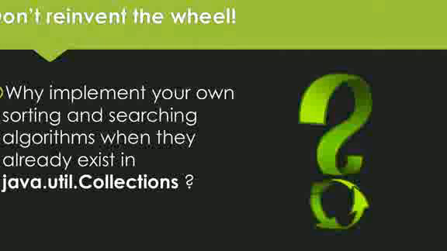You should never write code that already exists and that you know works well. For example, in the Java Util Collections package, there are algorithms that do sorting and searching for us. And why write our own sorting and searching algorithms when these exist? If they exist and they suit our needs, we should use them.